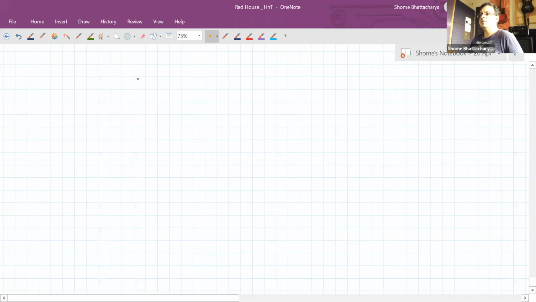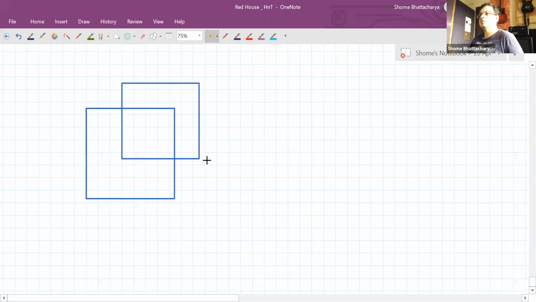Okay, so for example, we have a situation like this. We have, let's say, a solid cube whose surface temperature is known to us and whose dimensions are known to us.